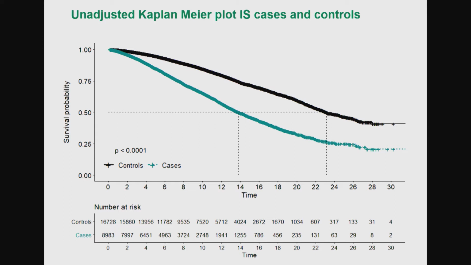The black one is the control, and the green one is the cases. As you can see, the median survival for the cases is about 14 years, and the median survival for the controls is around 23 years.